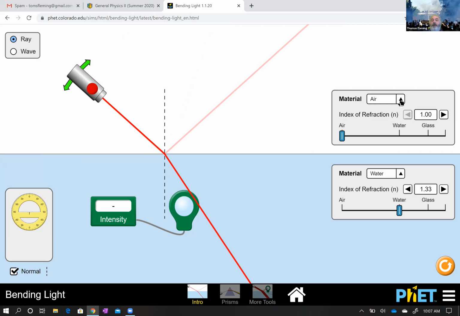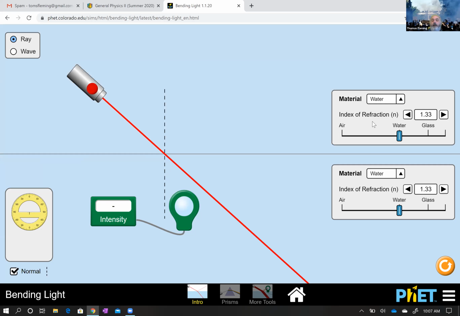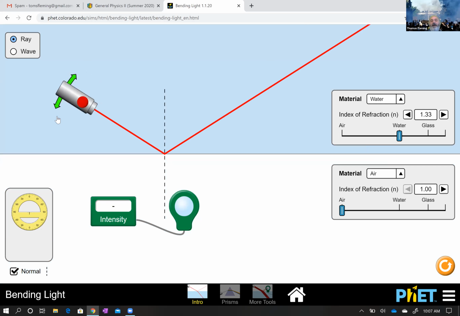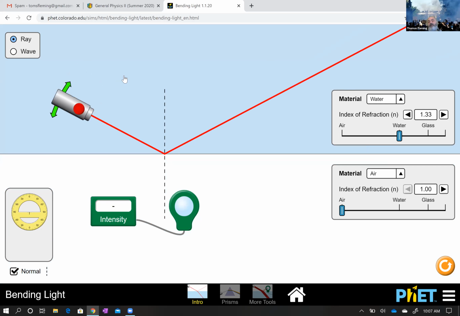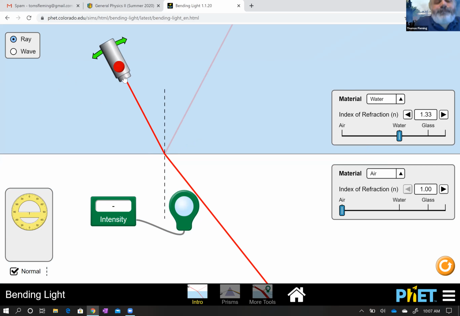But when I switch it around and go from water into air, there are some angles at which I only get reflection, and it's only at other angles that I get refraction at all. So what gives with that? Why is it that I'm getting no refracted beam in this particular example?